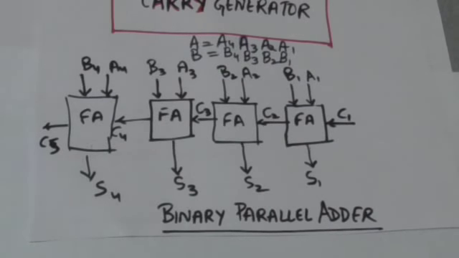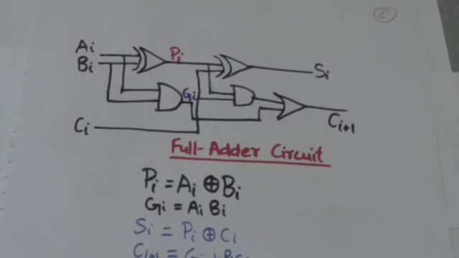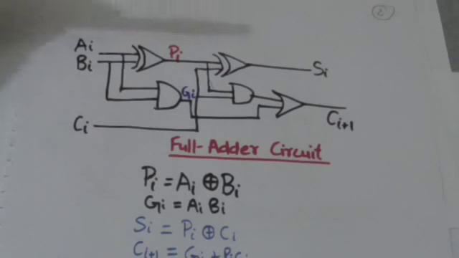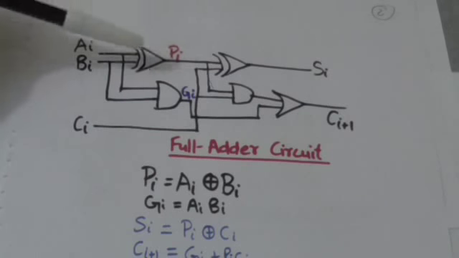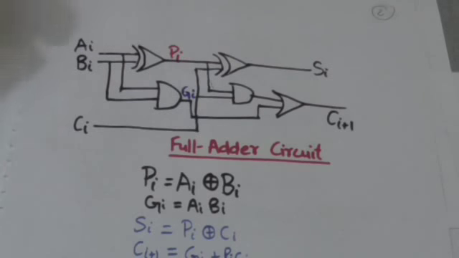So first of all, see the logic diagram of this full adder. Now suppose this is the ith full adder of some binary parallel adder.